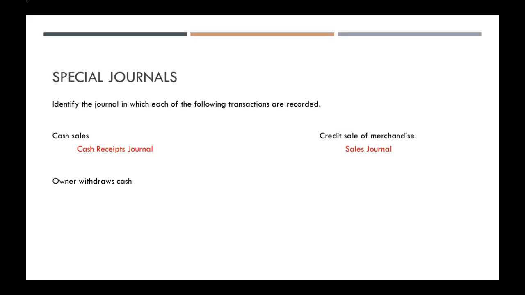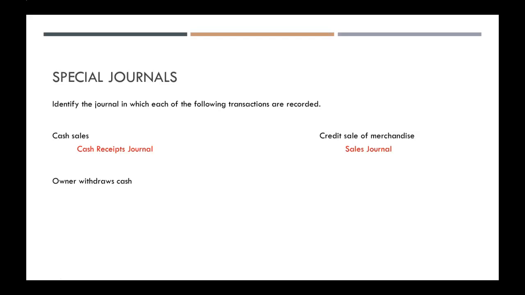Next one, owner withdraws cash. So we see that word cash again. So we can eliminate the sales journal, the purchases journal, and the general journal. We know that it's either cash receipts or cash payments. And we need to remember that while we're doing this, we are the company.